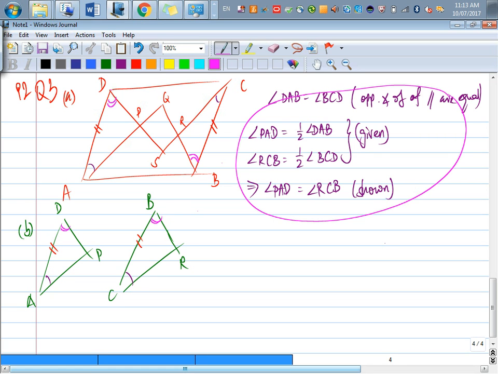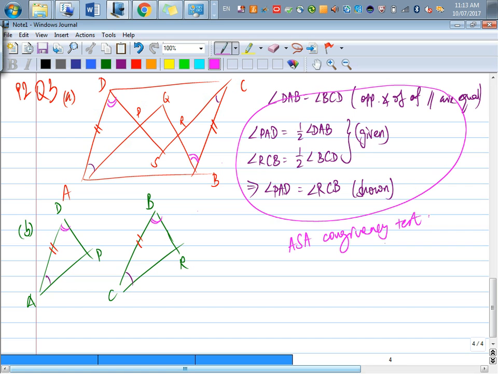Because this line, DS, it bisects angle ADC. Likewise, the line BRQ bisects angle CBA. So I'm not going to work it out. Same method as part A. Then we use the ASA congruency test.